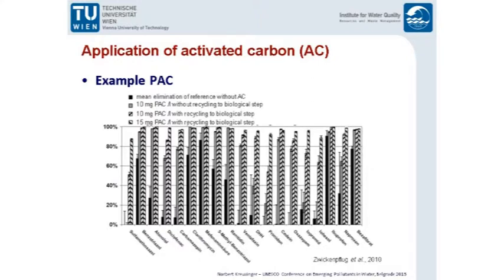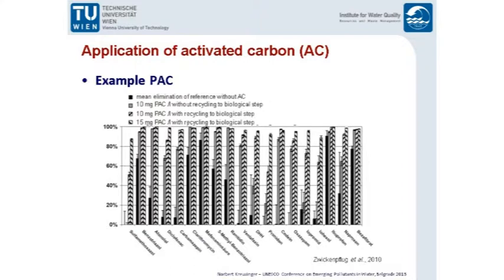Again, what you remove with activated carbon really depends on the chemical structure of the substances. There are substances that are very, very polar that you cannot remove with activated carbon. Other substances you can eliminate really well. And you see from here, in the middle two, a 10 milligram powdered activated carbon addition, when you compare the bars, you find even very different removal efficiencies, even with the same amount of carbon.